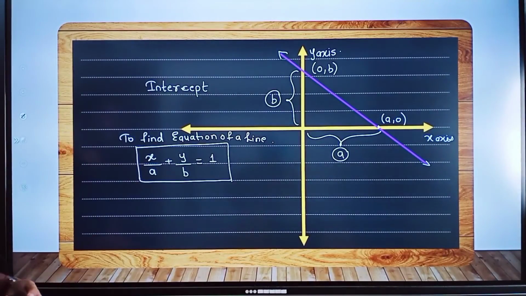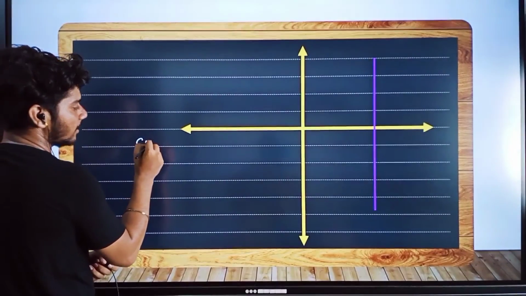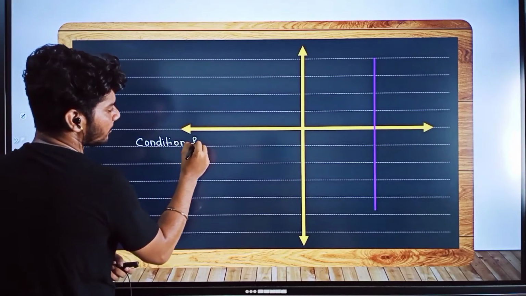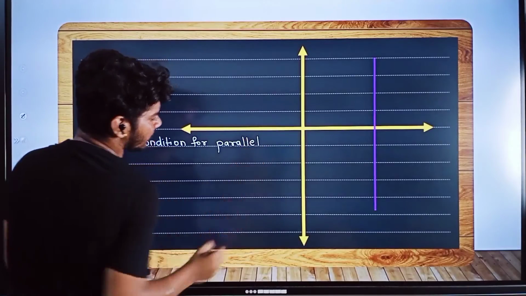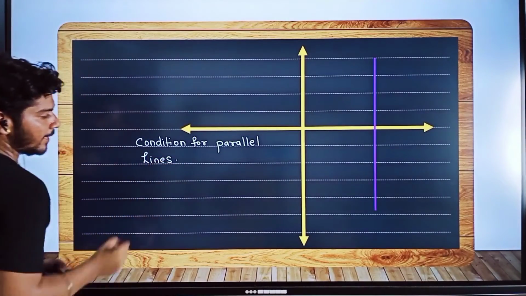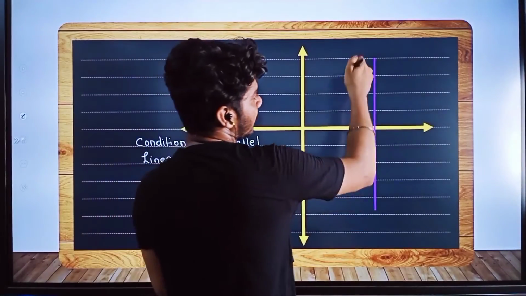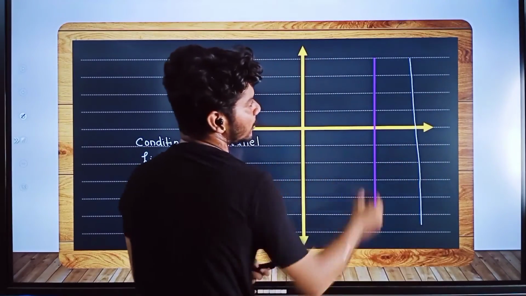Let's move on to the next part, the condition for parallel lines. Suppose I have two lines which are parallel. This is one line, and there is another line exactly parallel to this.